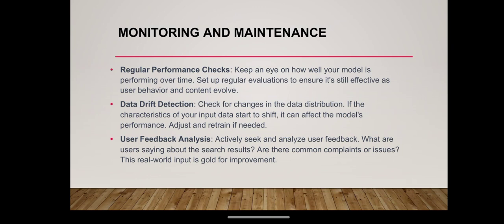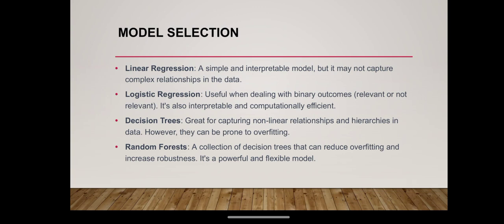Okay, next will be model selection: linear regression, logistic regression, decision tree, random forest. Linear regression is a simple, interpretable model, but it may not capture complex relationships in the data. Logistic regression is useful for dealing with binary outcomes, relevant or not relevant.